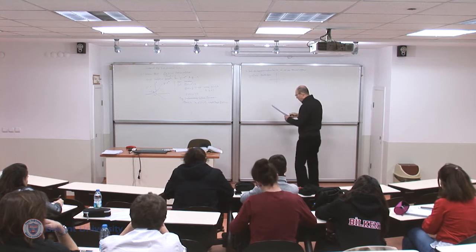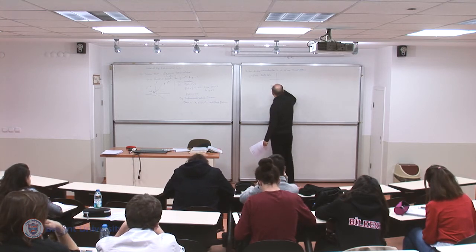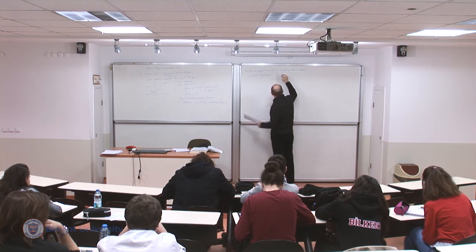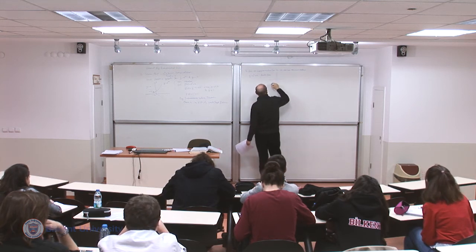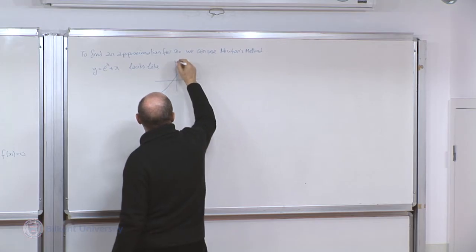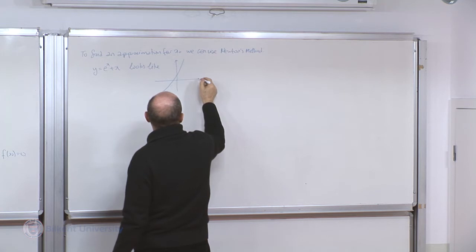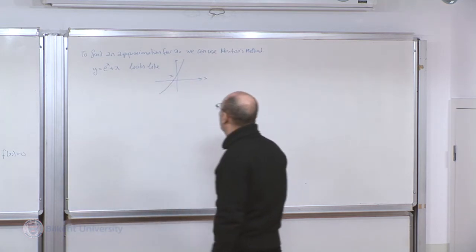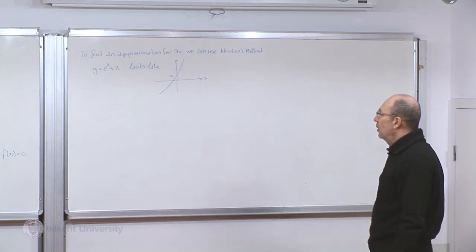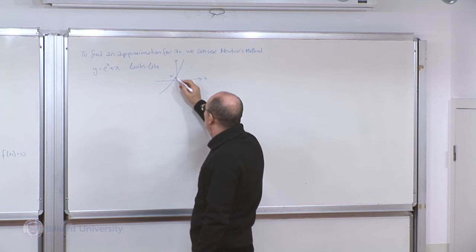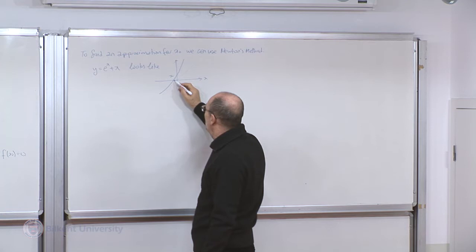It passes through here again, so it will be like this. And this is my point, x sub 0. Newton's method means that you start from some point here, go to the curve, draw the tangent, find the intersection point of the tangent, and repeat this.